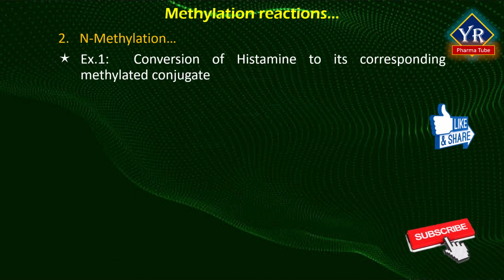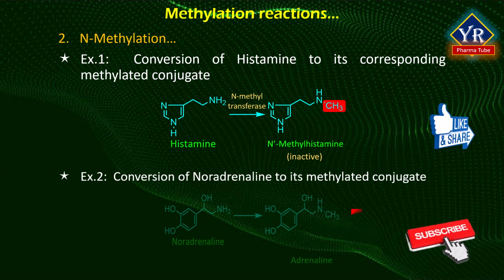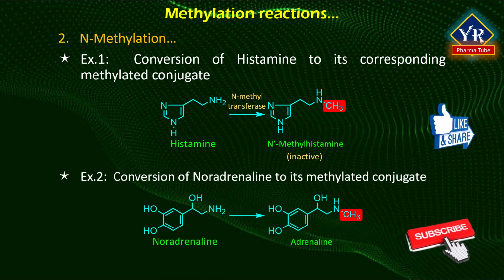For example, histamine N-methyl transferase methylates specifically histamine, producing the inactive metabolite N-methylhistamine. In the other example, noradrenaline is converted into adrenaline by the action of methyl transferase enzyme.